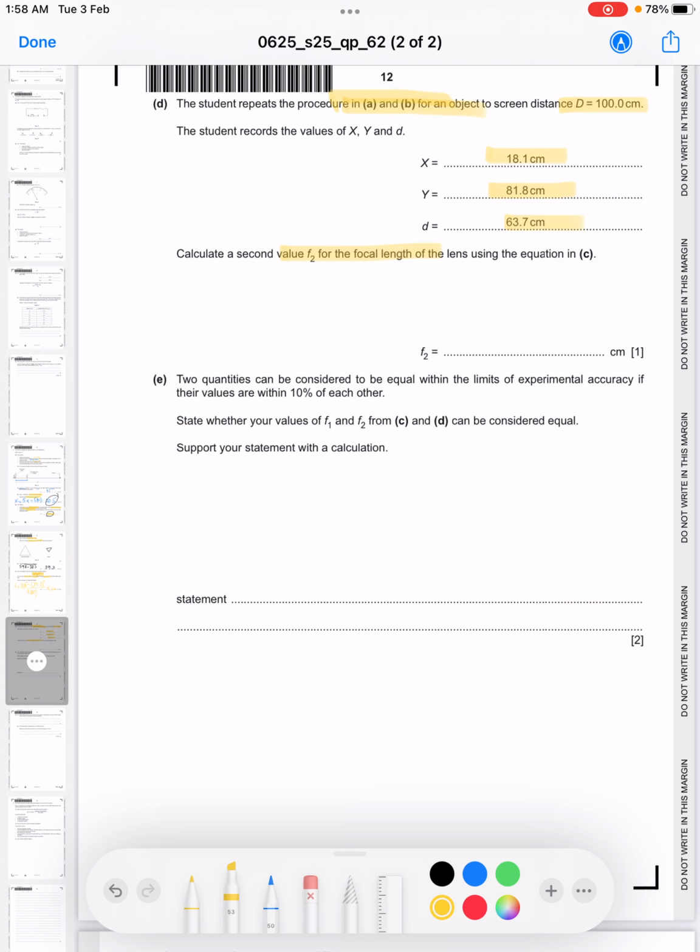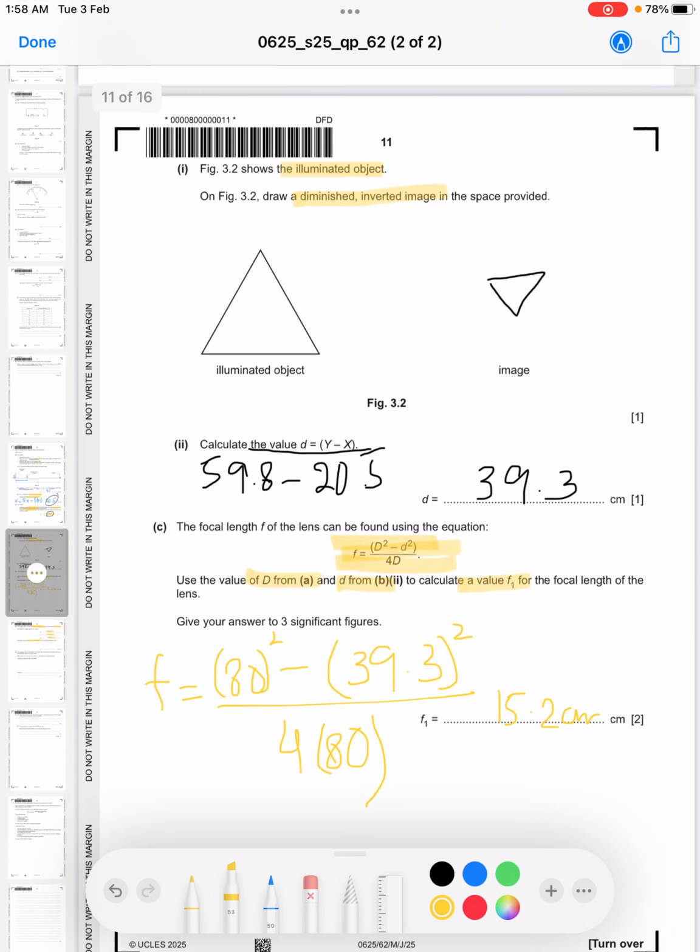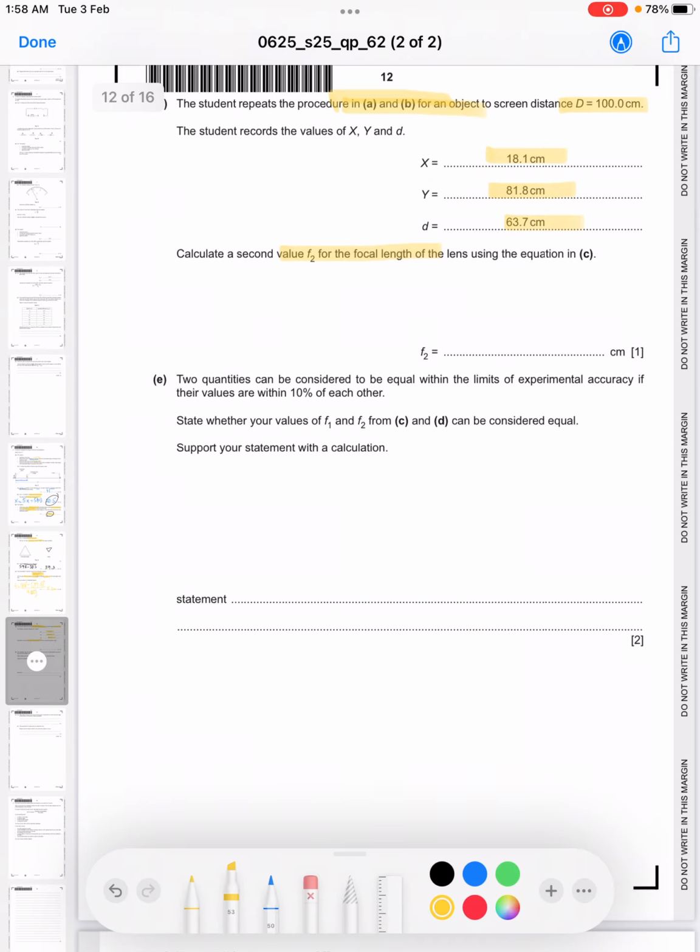Again we need to find out the focal length. Use the same equation. So I am again writing the formula, capital D square minus small d square divided by 4D, right?